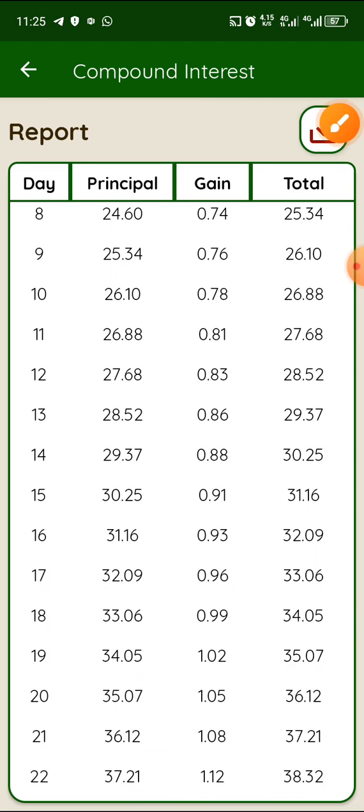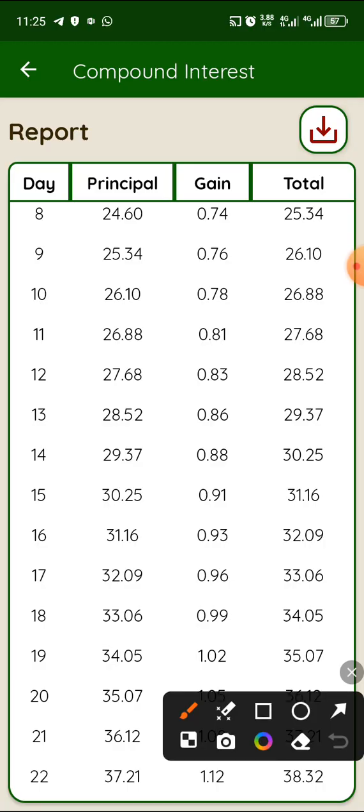And do you see, by the time you make 10 successful trades, you will have $26.10 and you'll be able to earn 0.78. Still less than $1. But since you are focused, you are ready to go on.